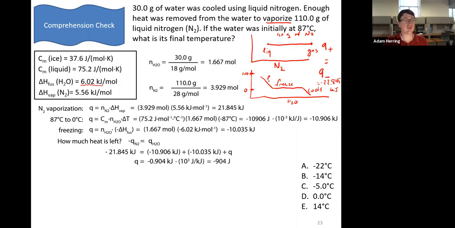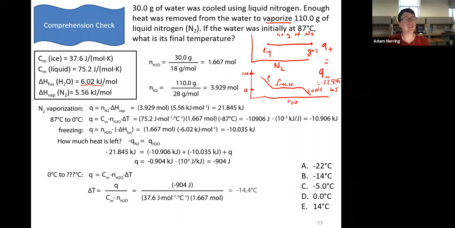Let's convert into joules, and then we can use the relationship between heat, amount, and temperature. We know the molar heat capacity, the number of moles, and we can solve for the change in temperature.